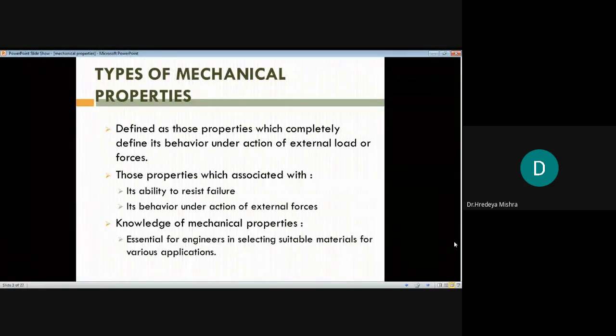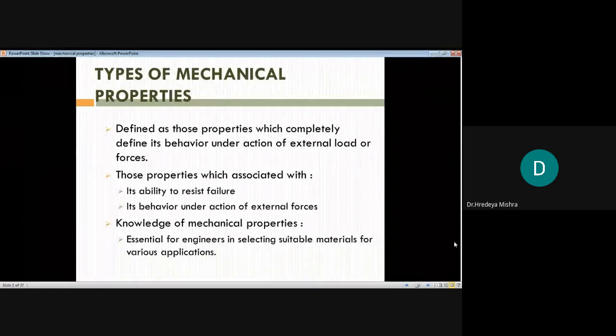And what is the meaning of fracture? Fracture is nothing but breaking of the component.